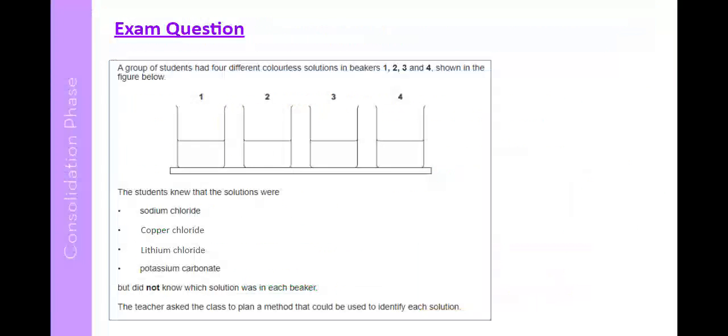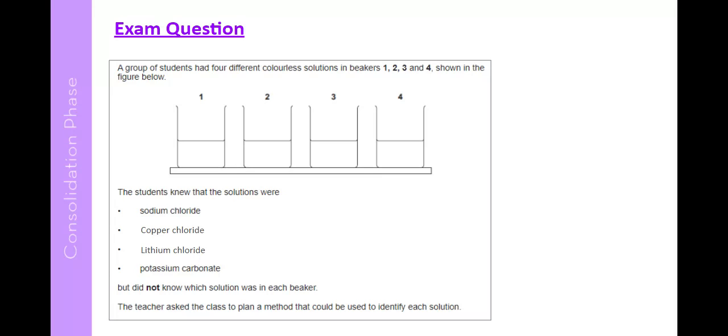Now, finally, guys, that leads us on to our consolidation phase, which is an exam question. So a group of students have 4 colourless solutions in beaker 1, 2, 3, and 4. They don't know which solution is in which beaker. So they know what the solutions are. So you've got sodium chloride, copper chloride, lithium chloride, and potassium carbonate.